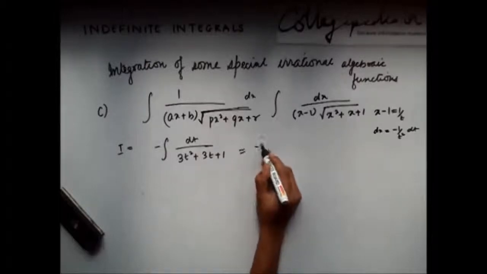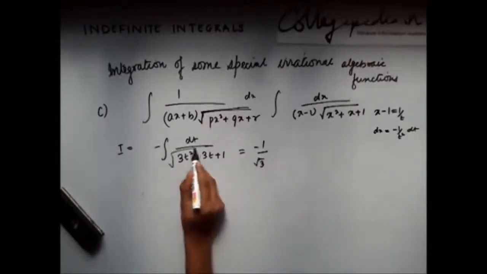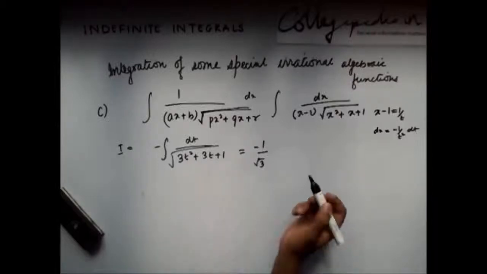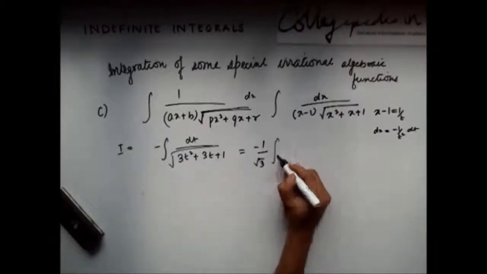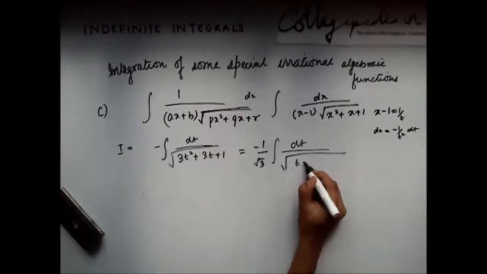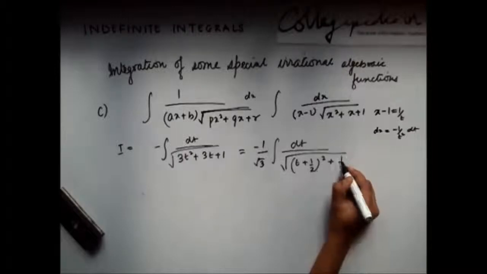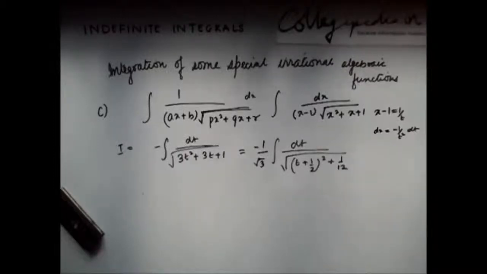To convert this into some standard form, I have a square root sign here. I'll take root 3 common. When we do that, I can write this integral as root under t plus half whole square plus 1 by 12.